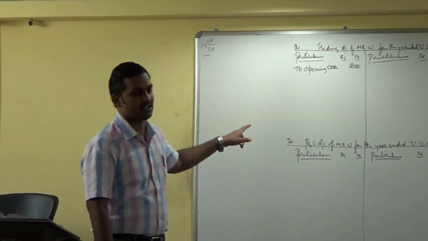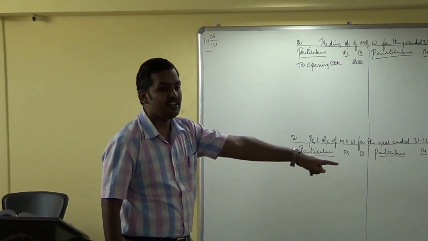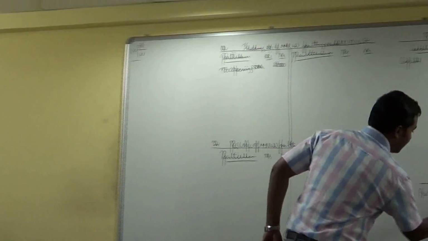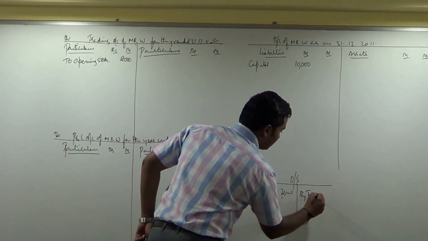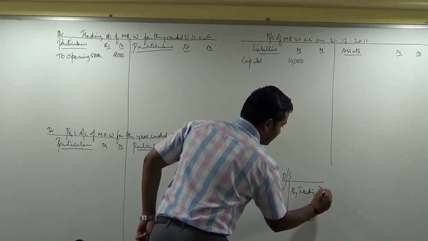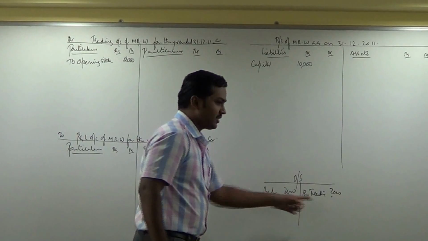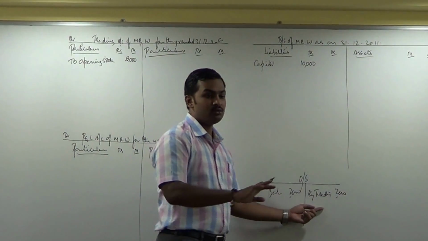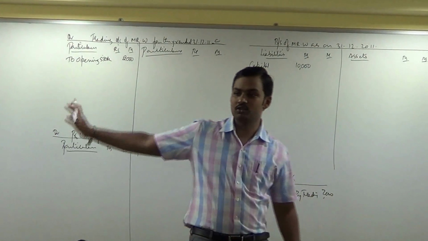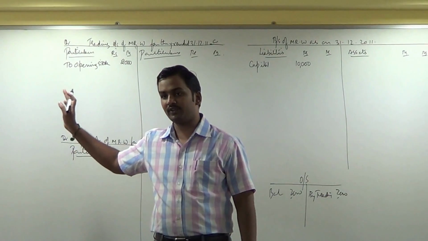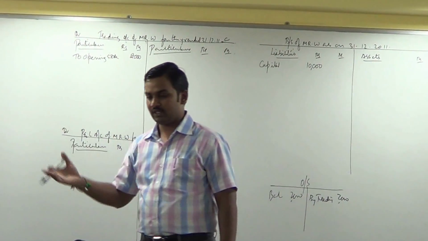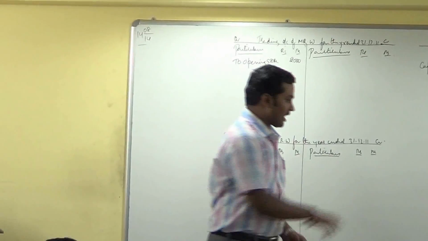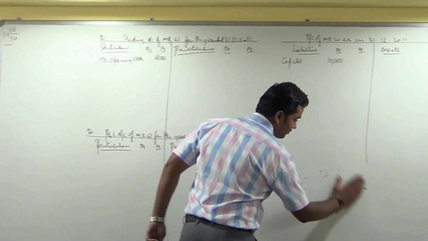If trading account is debited, opening stock account will be credited. That means here we will be writing by trading account 2000 rupees. Because of writing like this, the opening stock account is now closed. It has got closed by transferring to the trading and profit and loss account. Is it clear? Yes. Next. This is happening in the background.